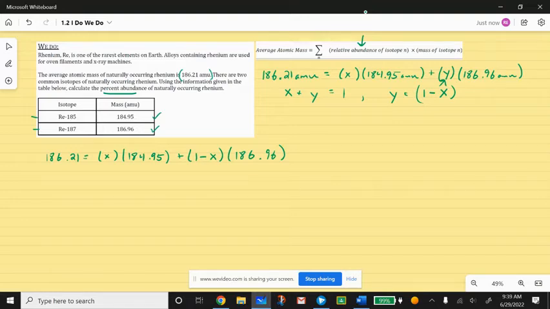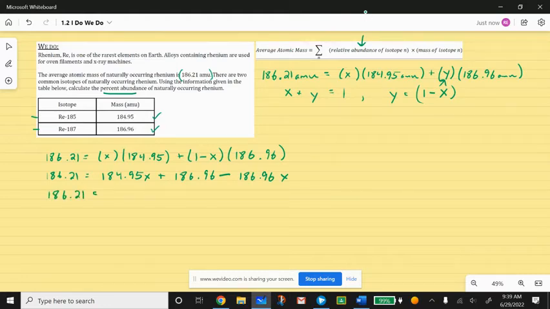I'm going to write this whole thing out just in case you make any algebraic mistakes, you can check where that mistake was. It's going to be 186.21 is equal to 184.95x. We have to distribute the second part. That's going to be 186.96 minus 186.96x.